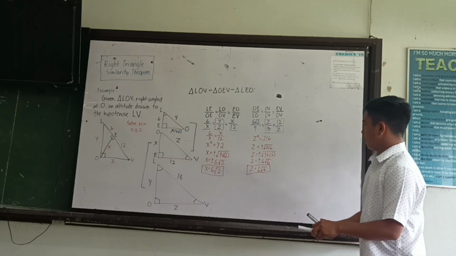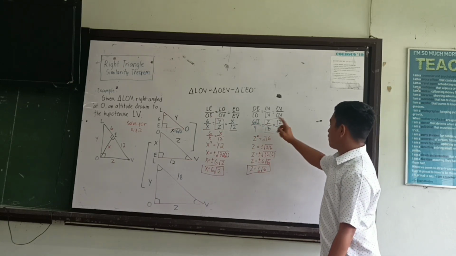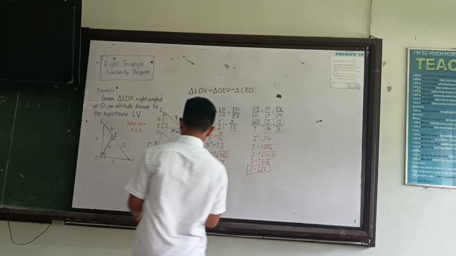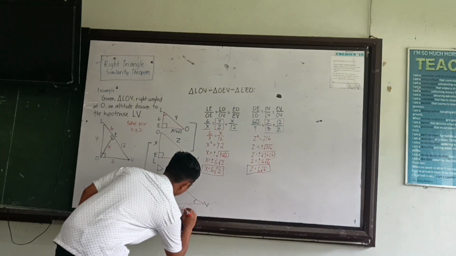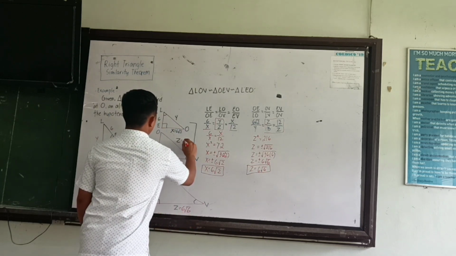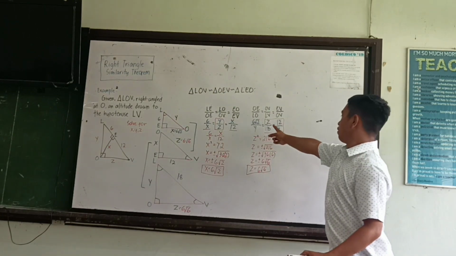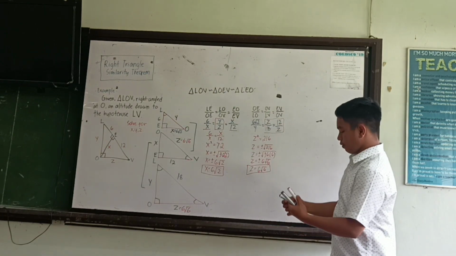Now, in order to solve for y, we can just substitute the value of z because our z here is just equal to 6 square root of 6. Now we can substitute the value of z here in order to find the value of y.